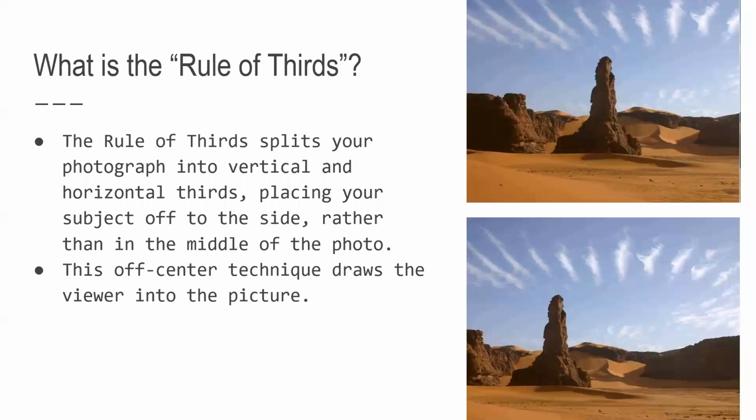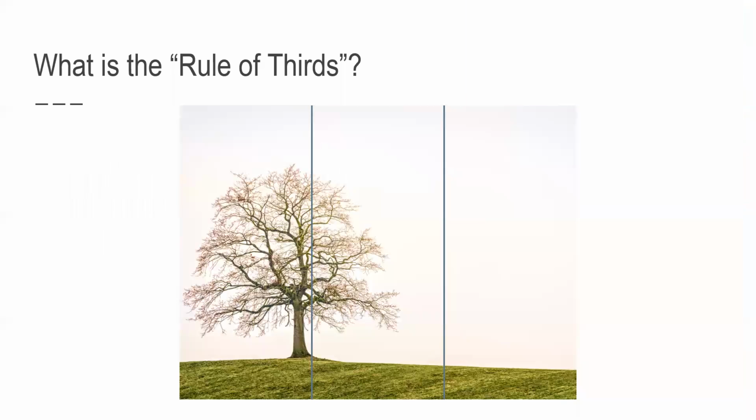And just to break that down a little bit more, it's called the rule of thirds because it basically splits your frame into 3 sections vertically and also 3 sections horizontally. And so sometimes you might even see your camera looking like that. And we'll show you how to get that setting on your camera if you want it.